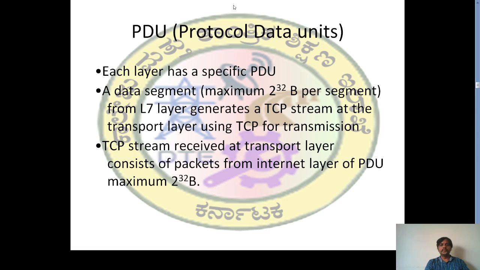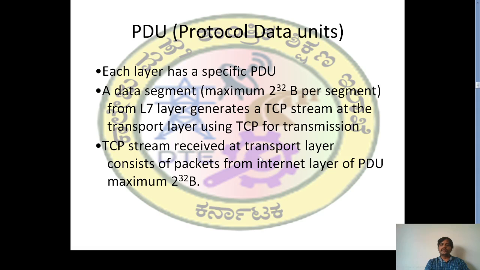So we have PDU, that is protocol data units. Each layer has a specific PDU. A data segment is a maximum of 2 power 32 bytes per segment. From L7, that is layer 7, it generates a TCP stream at the transport layer using TCP for transmission.